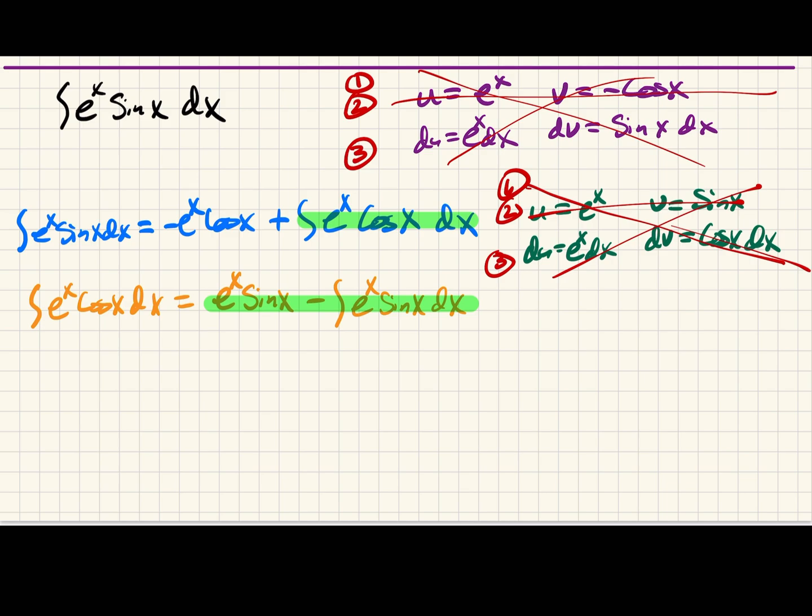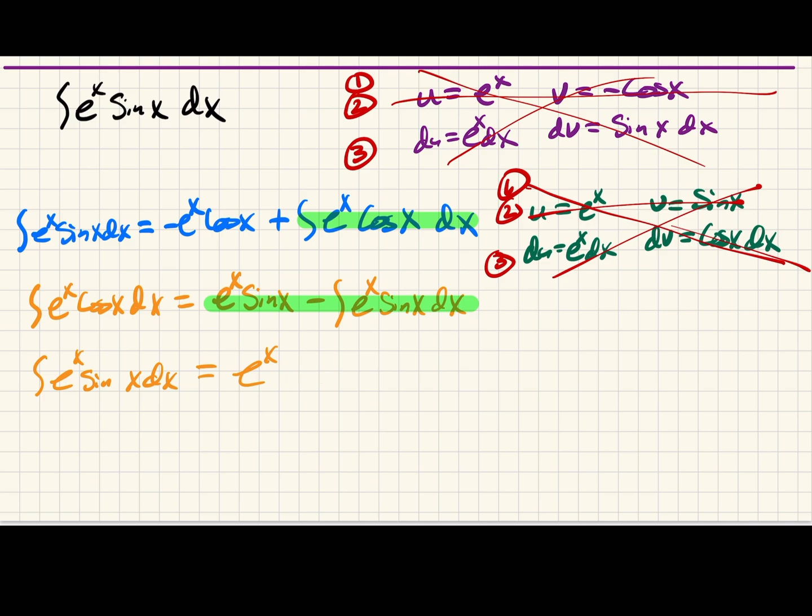Okay, so we have the integral of e to the x cosine x dx equal to e to the x sine x. I'm sorry, I meant to make that a sine x, didn't I? And then this is going to be e to the x, and I meant to make that a cosine x.